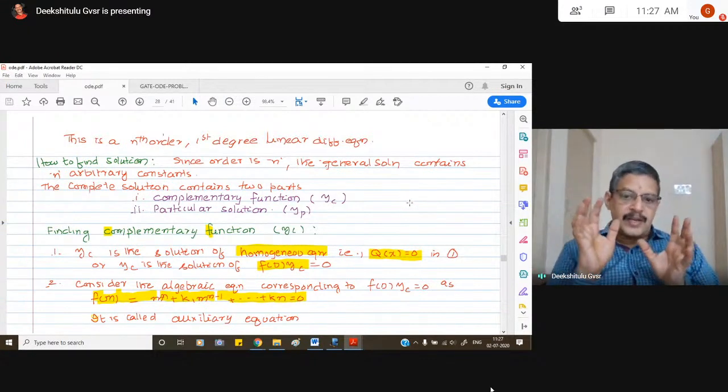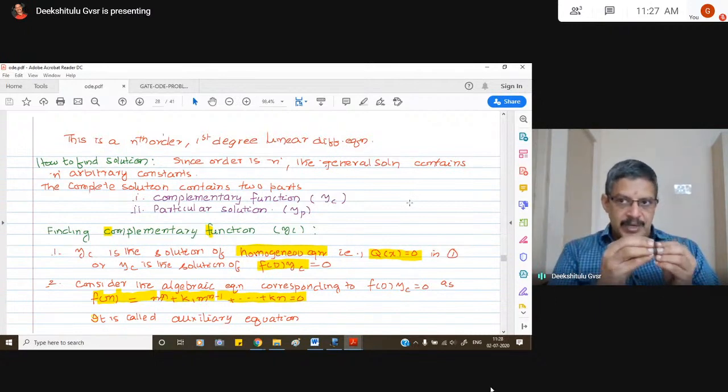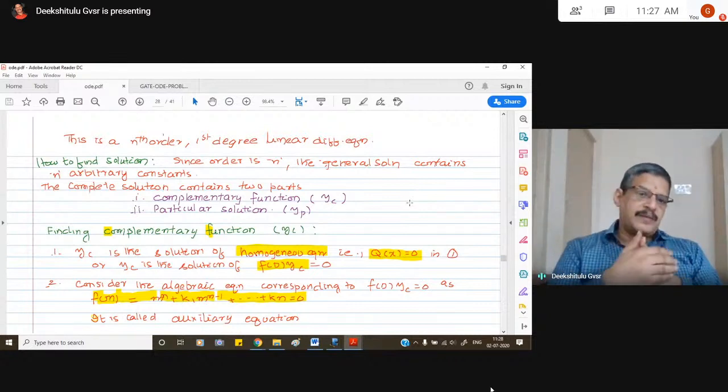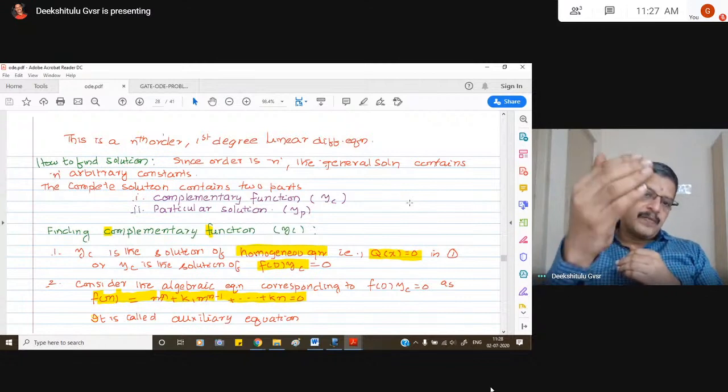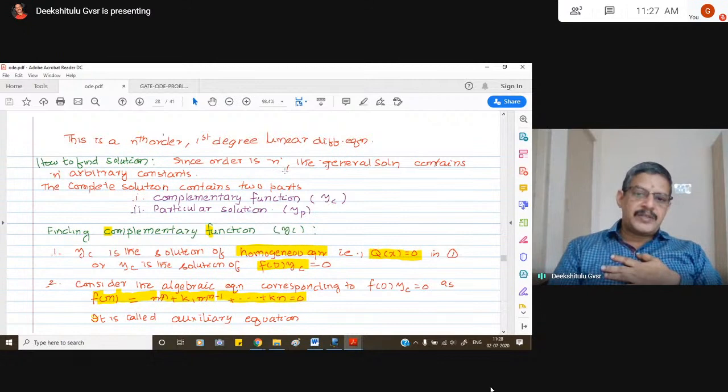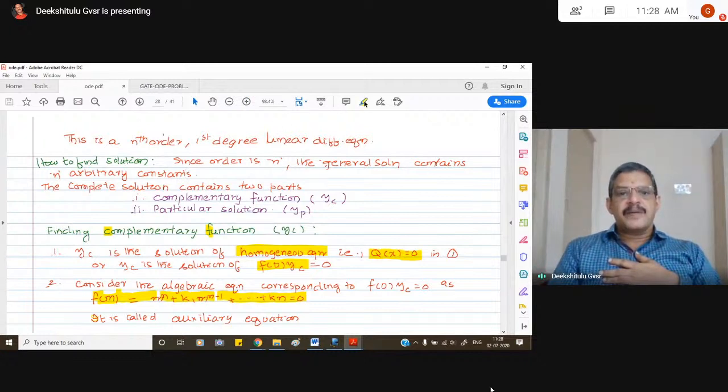Similarly, if you take a function with n arbitrary constants and want to eliminate them, you have to differentiate it n times, and then an nth order differential equation is formulated. Both come from one another. The solution comes from the differential equation, and the differential equation comes from a function involving arbitrary constants. So since the order is n, the general solution contains n arbitrary constants. This is a very, very important point.